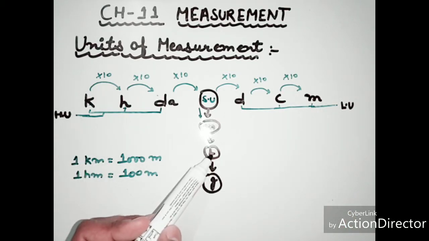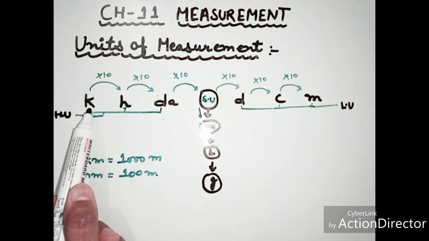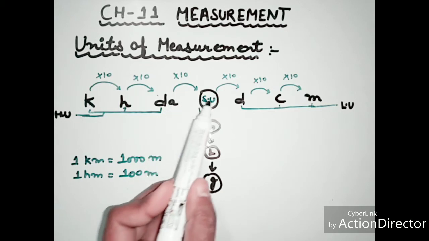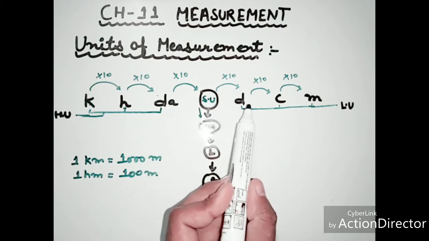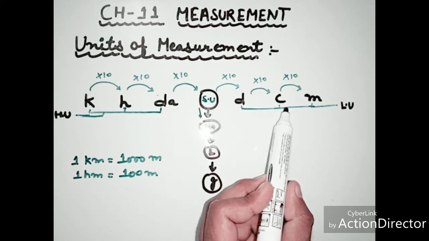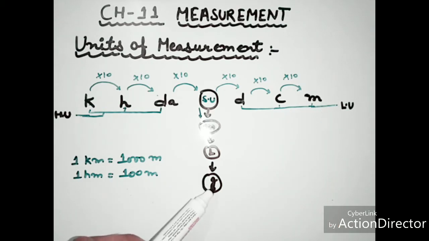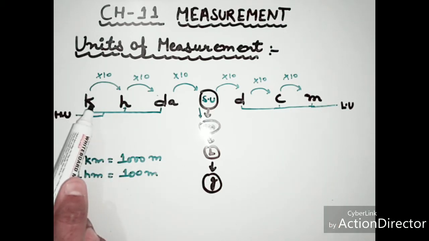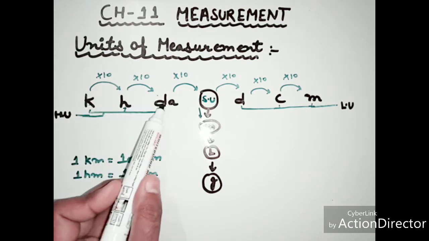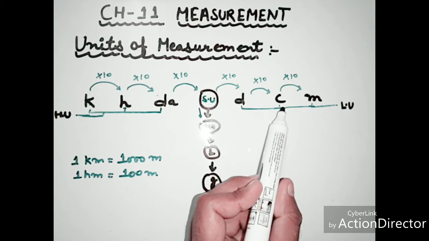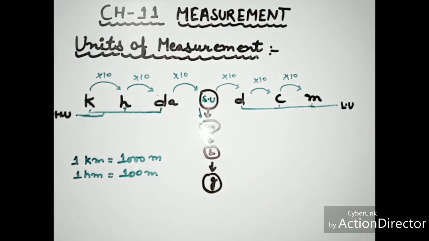Now with liter: kiloliter, hectoliter, decaliter, liter, deciliter, centiliter and milliliter. Now with gram: kilogram, hectogram, decagram, gram, decigram, centigram, milligram.